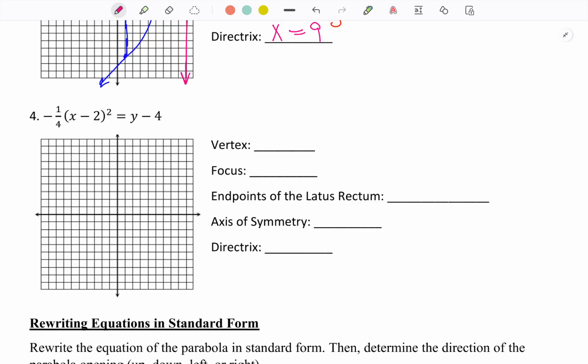So that negative 1/4 does need to be moved so that we are in standard form. So what we're going to do is multiply each side by the reciprocal. And so we have x minus 2 squared equals negative 4 times y minus 4.